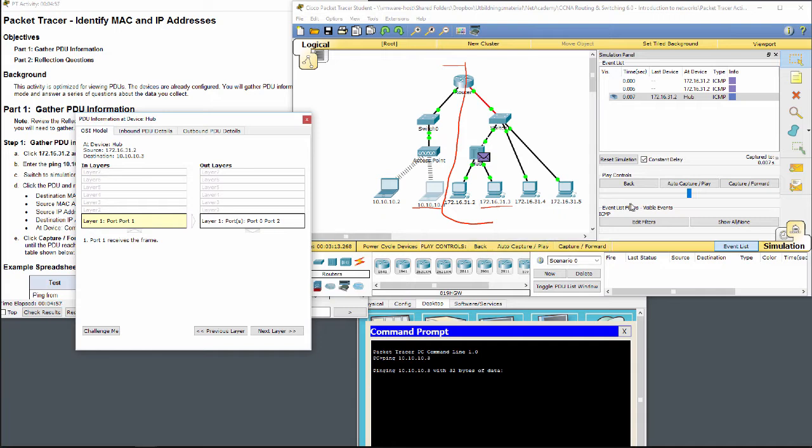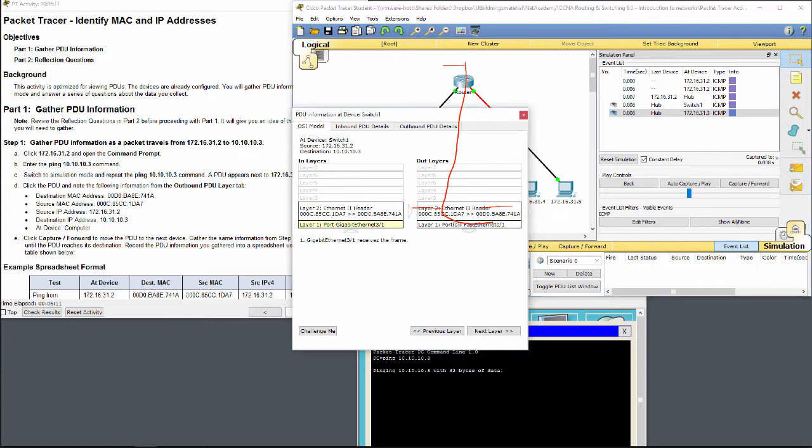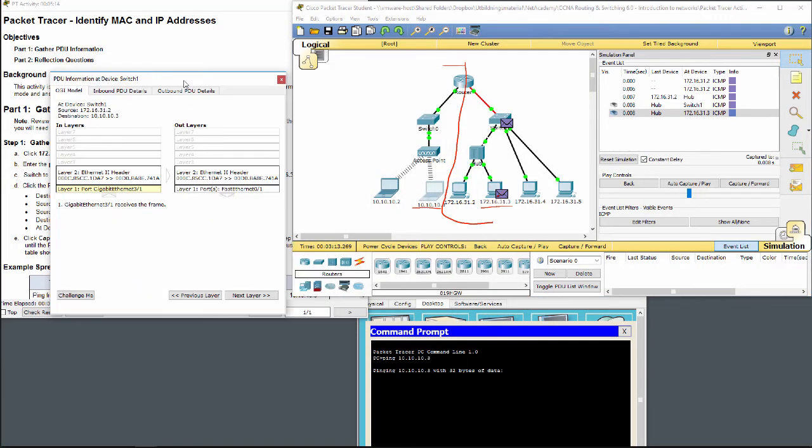So it sends the packets out on all ports. As we can see here, we get a copy down to 31.3 as well, and one up to switch 1.